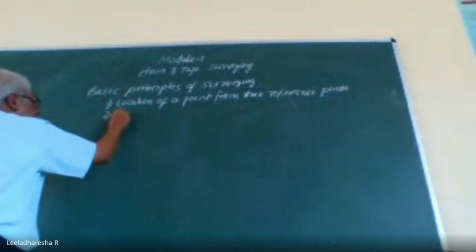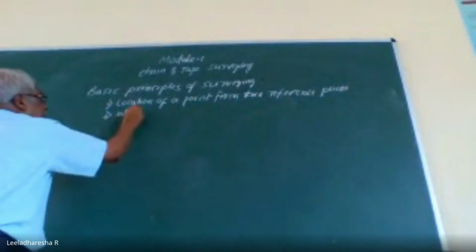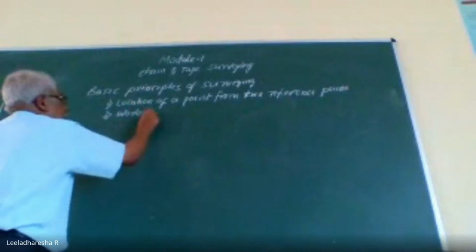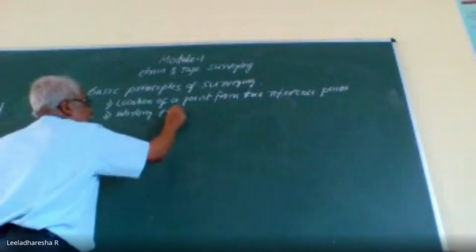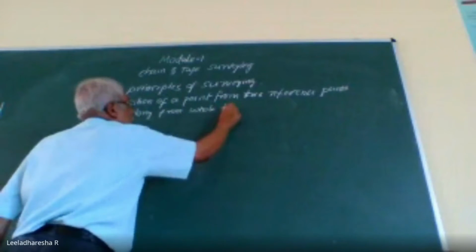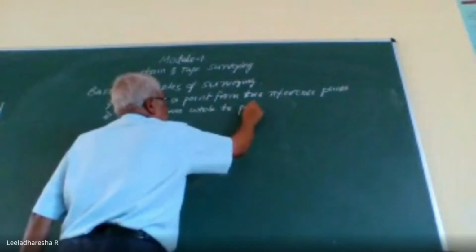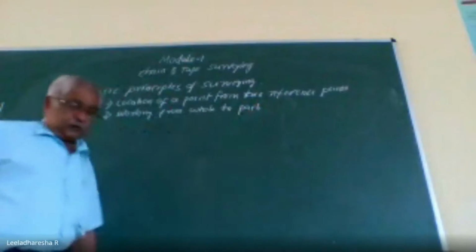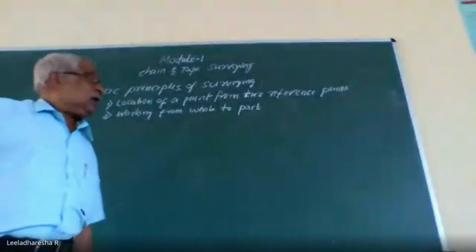The second principle is called working from whole to part. So these two are called the very basic principles of surveying.